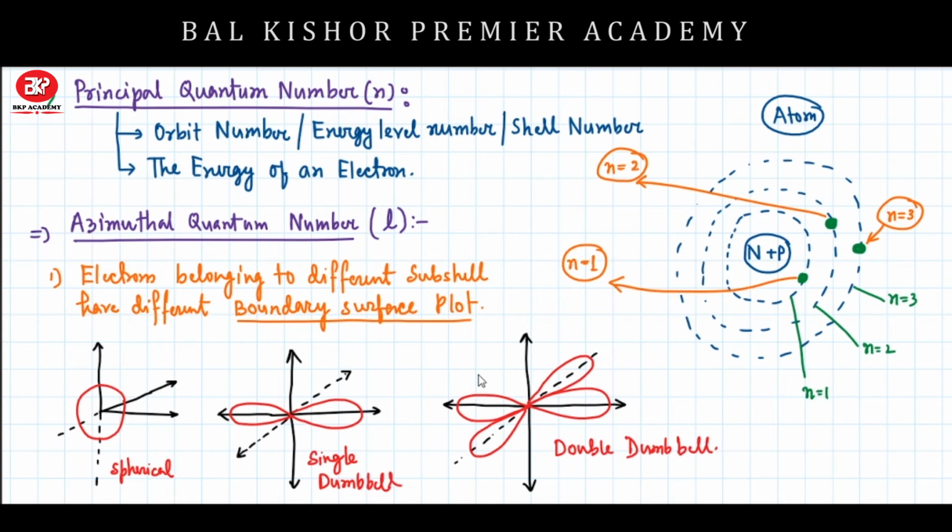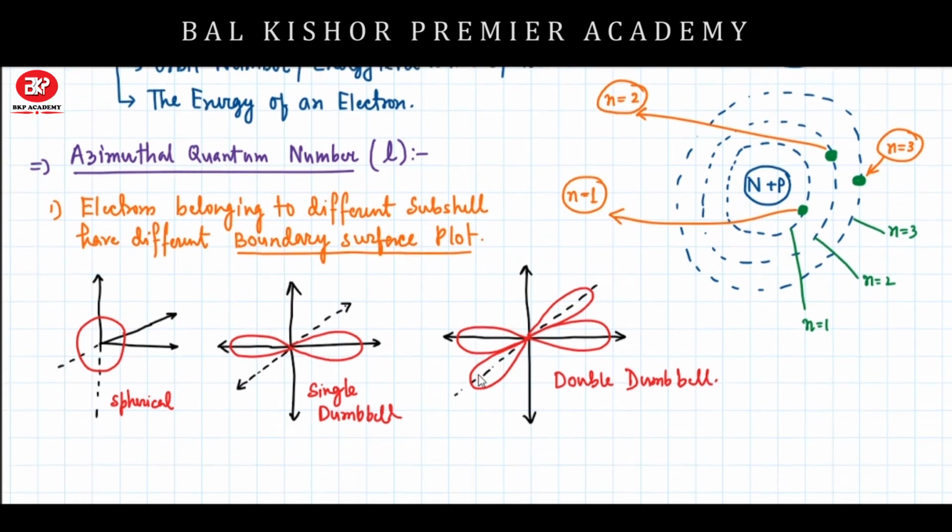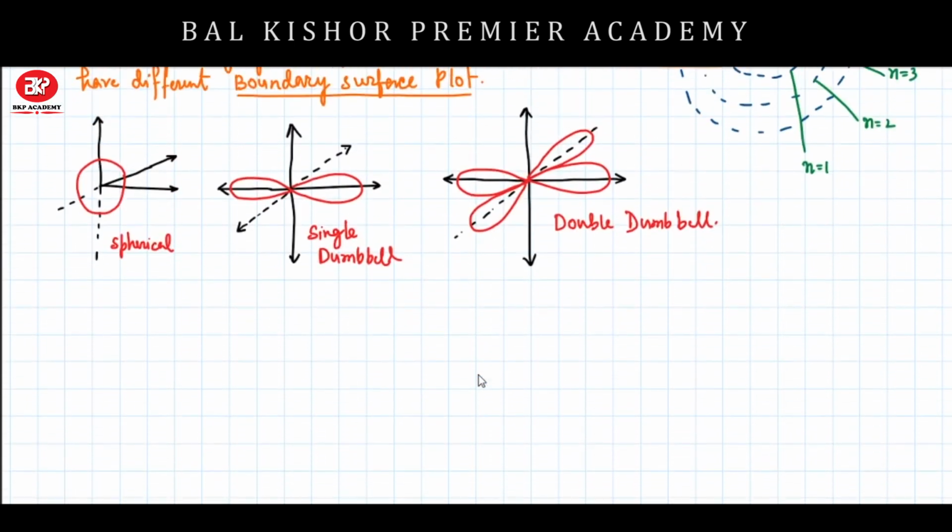These are the different types of surface plot that we can find for the electrons belonging to different subshells. So which subshell will contain which type of boundary surface plot? Let us see that. Generally, the S subshell contains the spherical boundary surface.